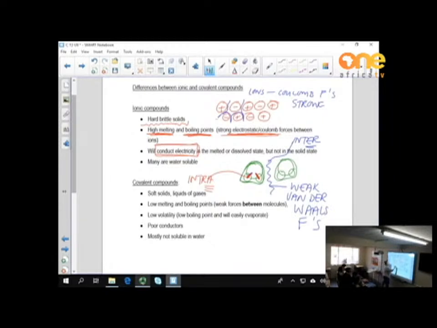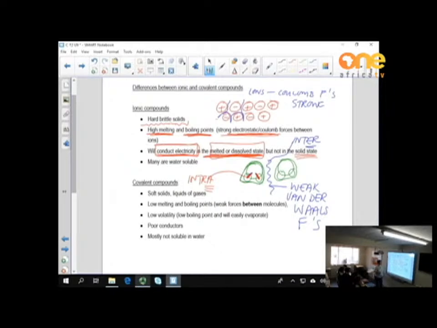So it will conduct in the melted or dissolved state, and it's important to state that. Because later on when we do the metallic bond, metals will conduct whether they are melted or solid, so you must distinguish. They will conduct when the salt is melted or dissolved. It does not conduct in the solid state, because the charged particles are held in a crystal lattice.